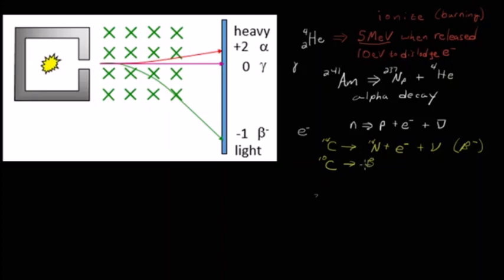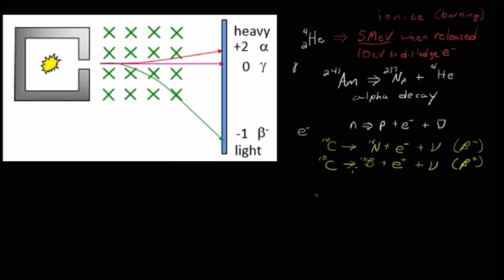So it will convert itself into boron by emitting what's called a positron, or an anti-electron, plus some kind of neutrino. We'll talk about exactly what these are much later, in another lecture. That's called beta positive decay. So if you see the positive, that means it's a positron or an anti-electron. If it's negative, it's an electron.